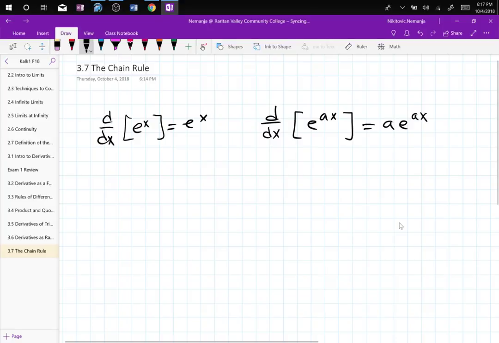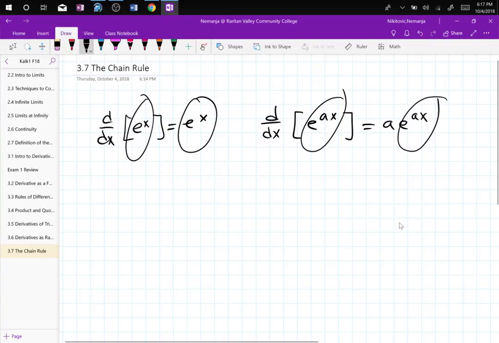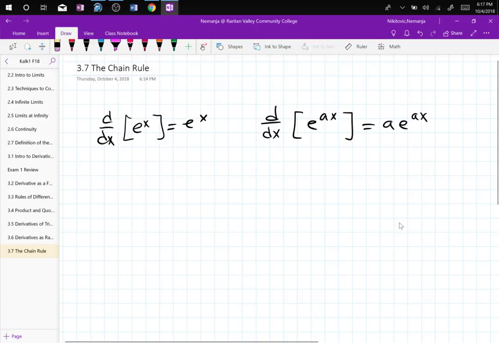As you can see over here, it was just a simple copy. You still have a copy here, but there is this extra a, and that extra a is obtained through the chain rule. So the goal for tonight is to learn how to deal with the derivatives of function composition.